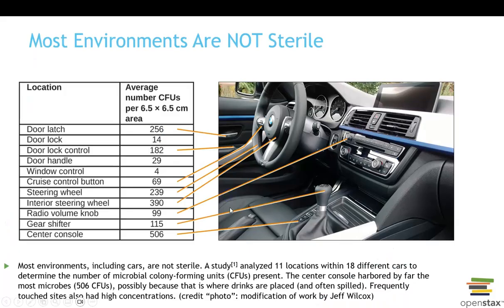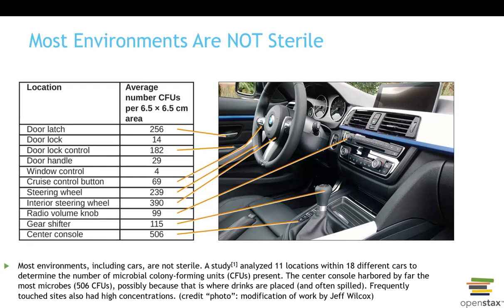So this is an interesting picture. You can see that we can find microbes everywhere, especially on fomites, all those items that we use frequently. For example, think about doorknobs, toys, towels, and also think about your car.